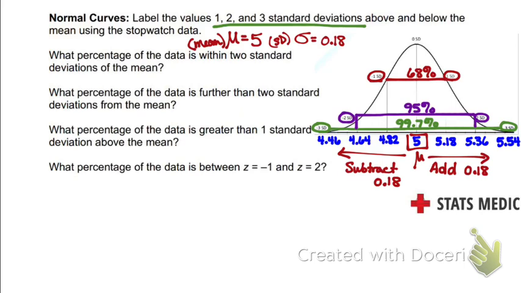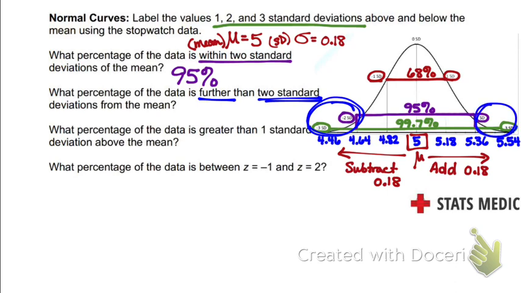How much did we say was falling within 2 standard deviations? 95%. What percentage of data is farther than 2 standard deviations away from the mean? 68. Close. I want farther, so I'm looking at this over here together with this over here. 3. 5.